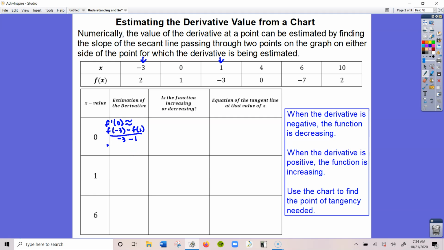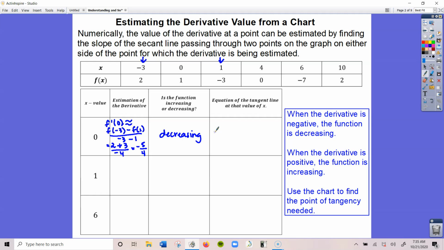F of -3 is equal to 2, and minus f of 1, which is -3, so plus 3, over -4, which gives me -5 over 4. Since my slope is negative, that means that the function is decreasing.